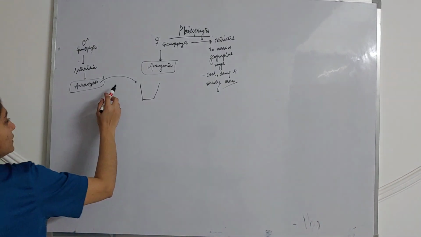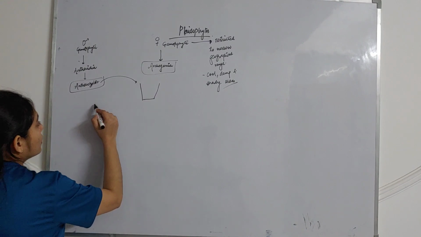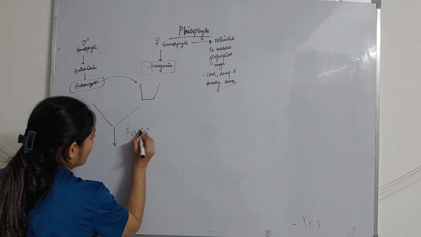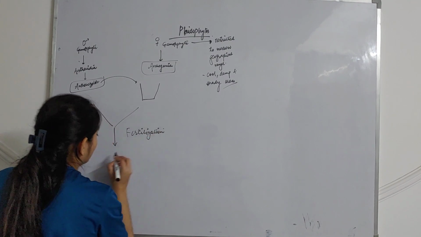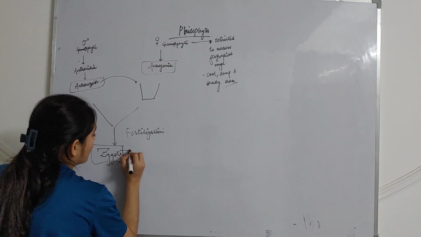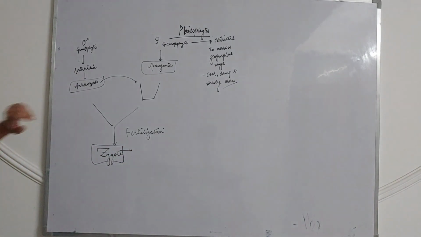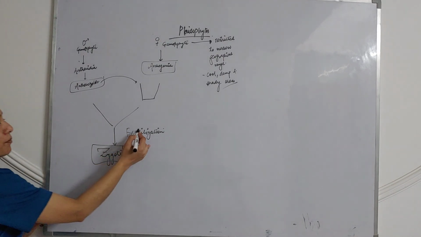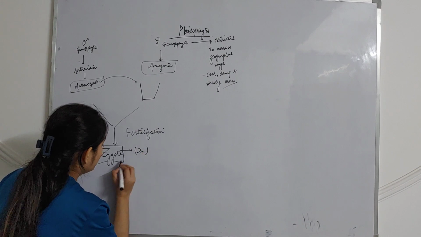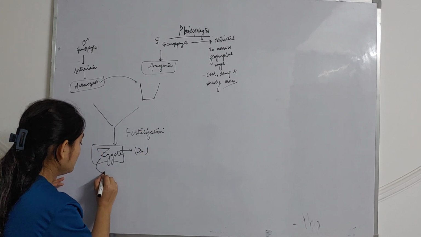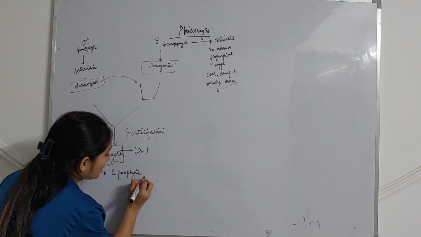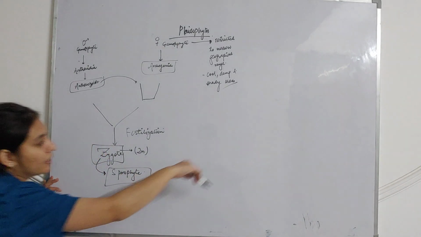As antherozoids are released near the archegonia, fertilization takes place. After fertilization, a zygote is formed. Fertilization is the most critical and important phase. The zygote is diploid, and after division and differentiation it is converted into the sporophyte, and the cycle repeats itself.